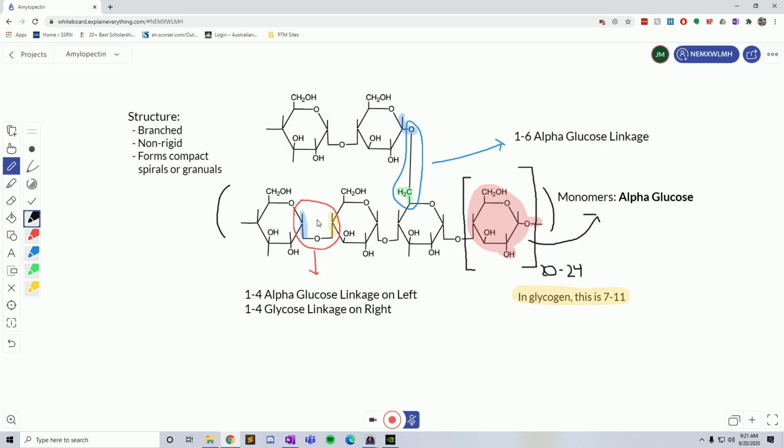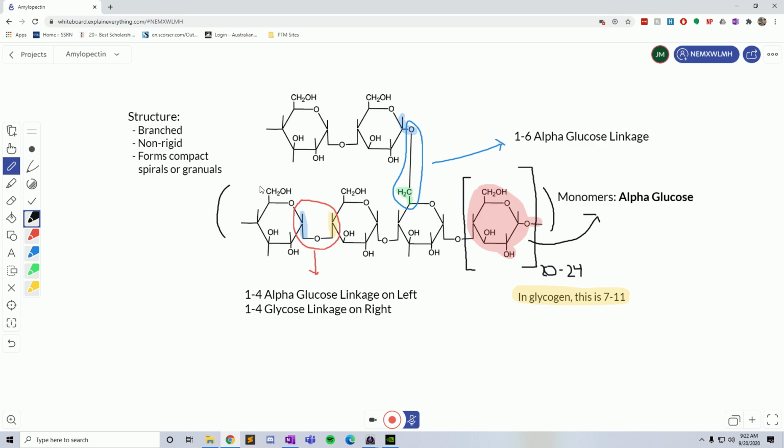Same bonds, everything. So as with amylose, we have a 1,4 alpha glucose linkage and a 1,4 glycosidic linkage in the straight chain versions. And its monomers are also alpha glucose. However, we have a difference here, which is the formation of 1,6 alpha glucose linkages.